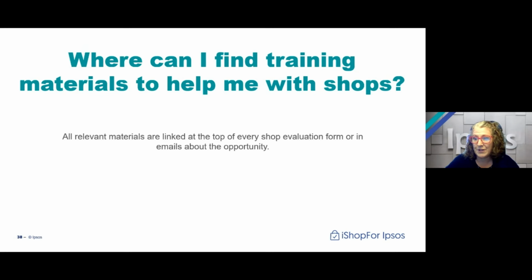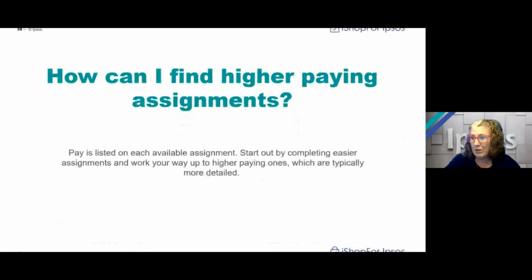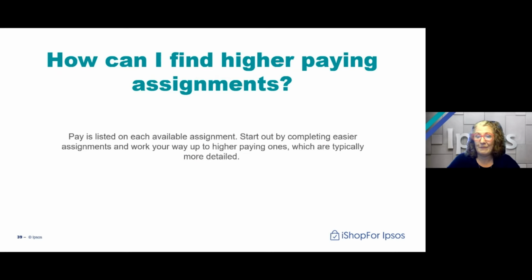And again, the reason for that is we do want to make sure that we're keeping it as confidential as possible. So we want to make sure that you're committing to the shop assignment before we show it to you. You can always cancel at that point, but it does help us prevent a little bit of competitive intel when it comes to other people in our mystery shopping platform.